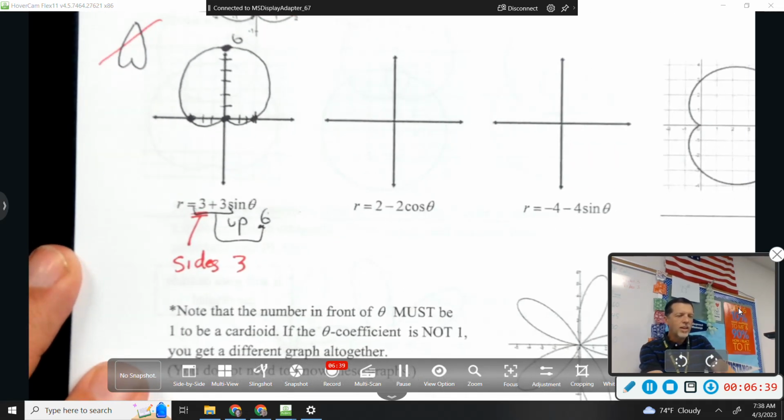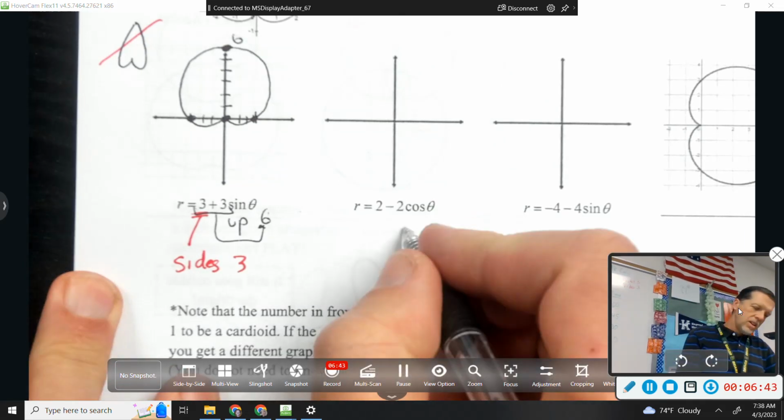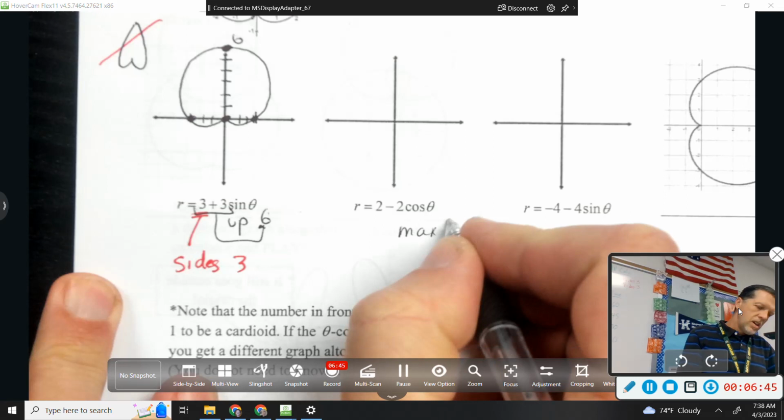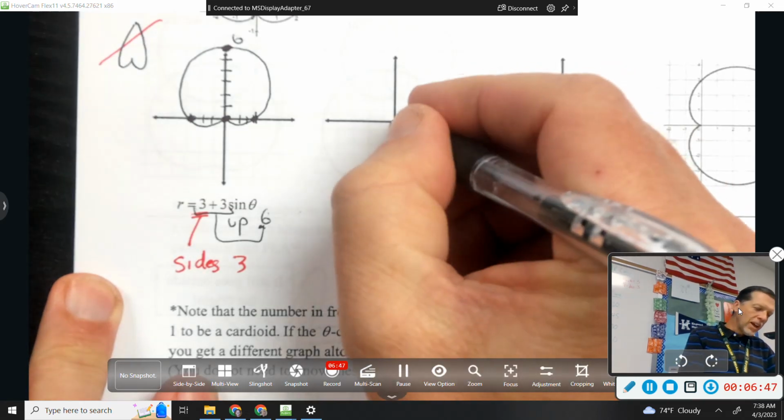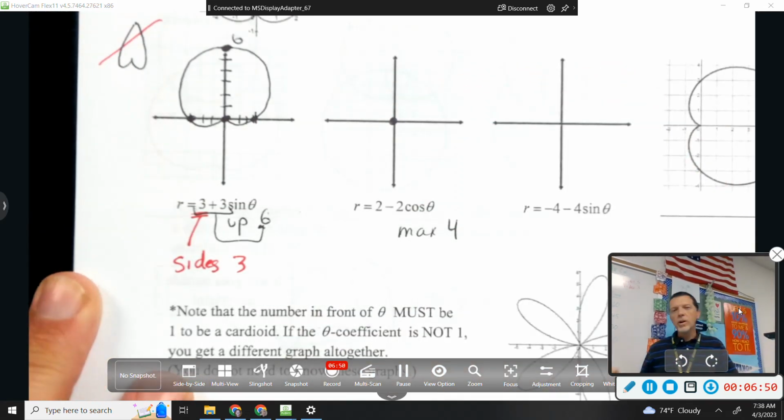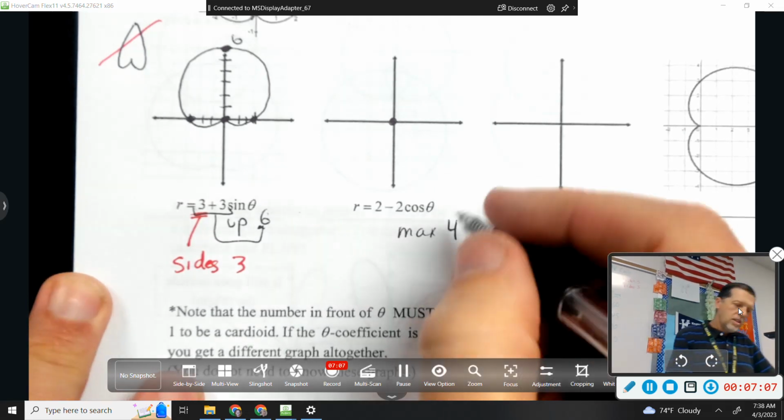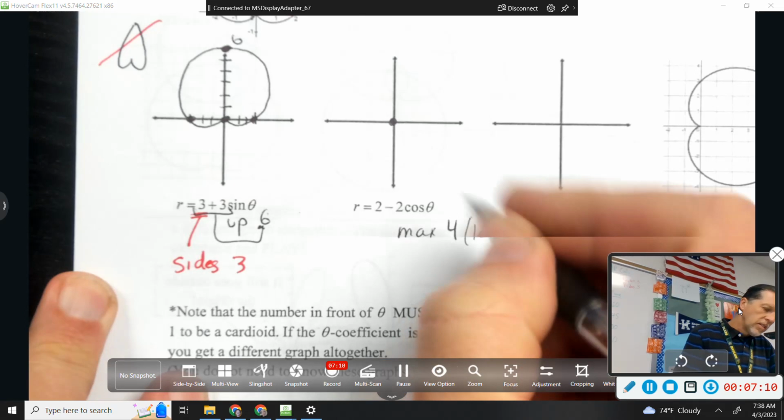All right, the next one's got some things that are changed up. What's the max going to be? I would just say 4, but negative 4 is not bad because where are we going to go? Up, down, left, or right? Ooh, careful. Well, okay, so not down, but the negative, so account for that. Cosine is left and right, so negative cosine would be to the left. So let's go left 4.